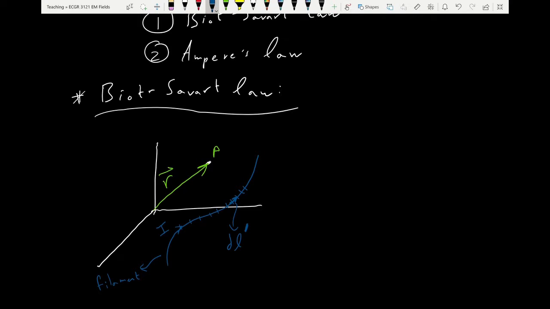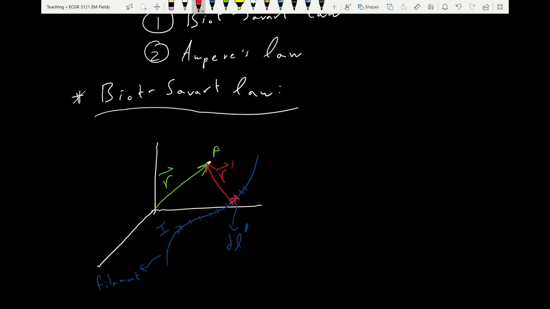So this small element here has current flowing in it.